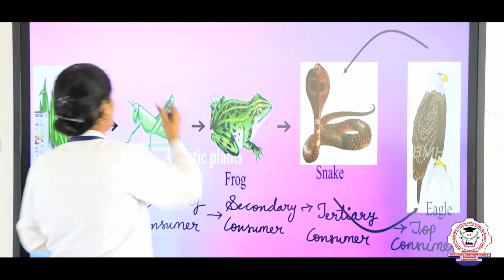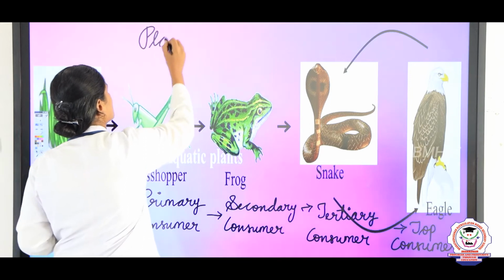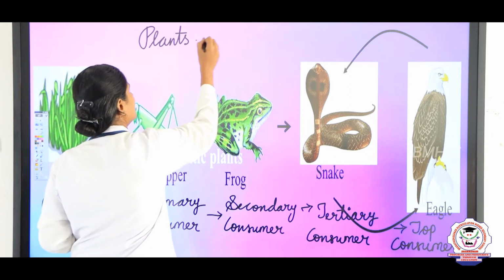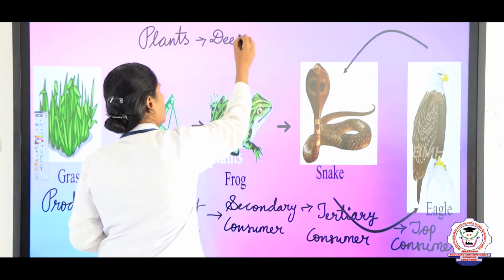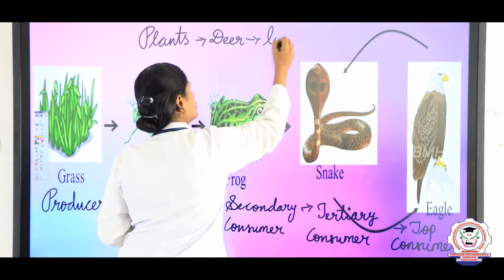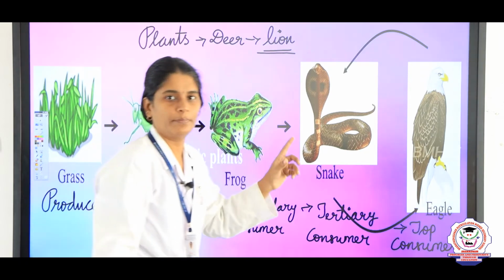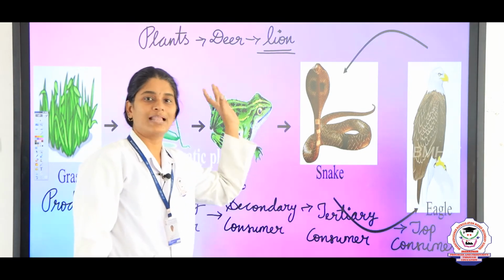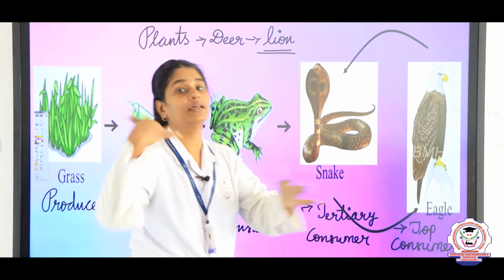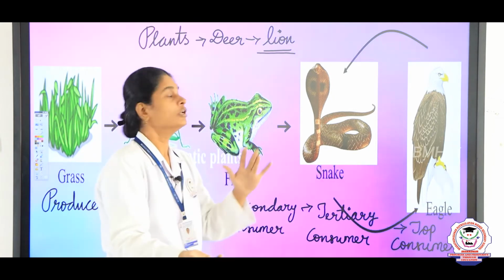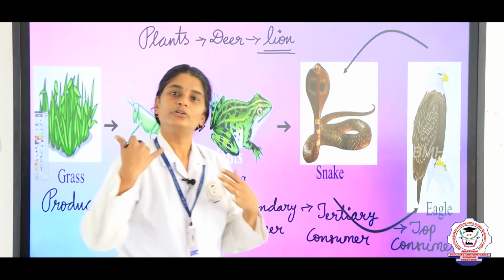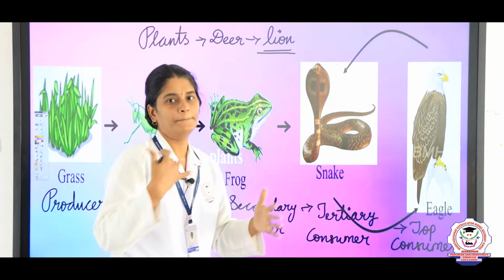In the same way, plants are eaten by a deer, and then the deer is eaten by a lion. Here also we can say lion is a top carnivore, because lion cannot be hunted by another animal for food, right. So lion is considered a top carnivore or a top predator. Okay.